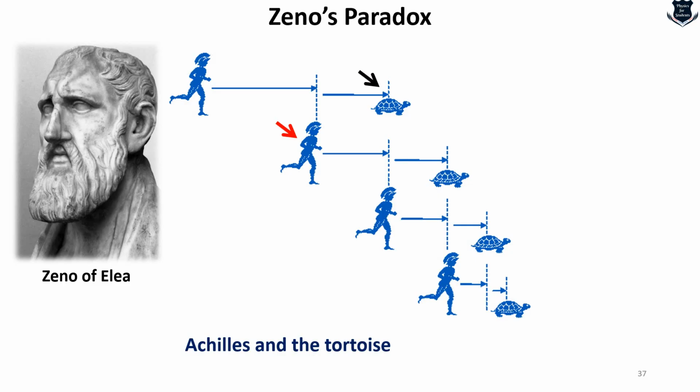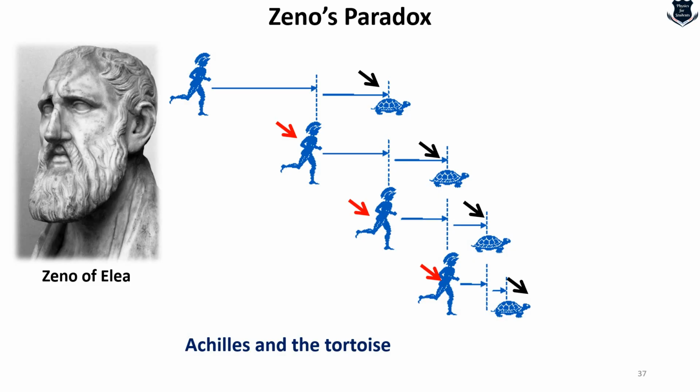Okay, Achilles moves somewhere here, the tortoise approaches here. So what it tells us is that by the time Achilles reaches the tortoise's starting point again here, the tortoise has moved slightly ahead. And by the time Achilles reaches the new position over here, the tortoise again has moved a little bit further, and so on and so on.